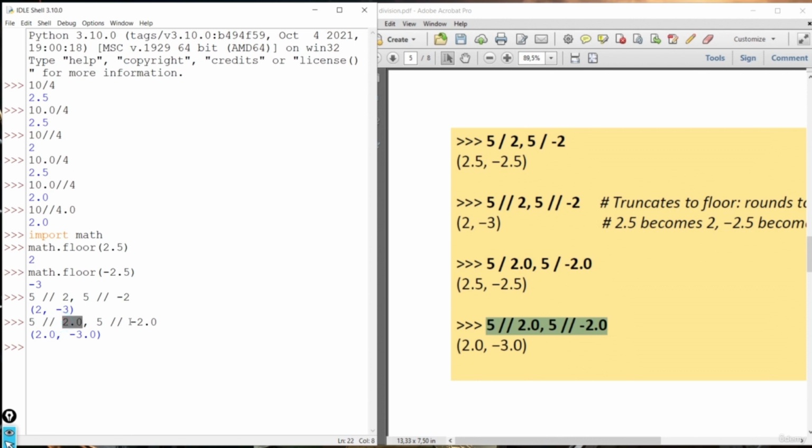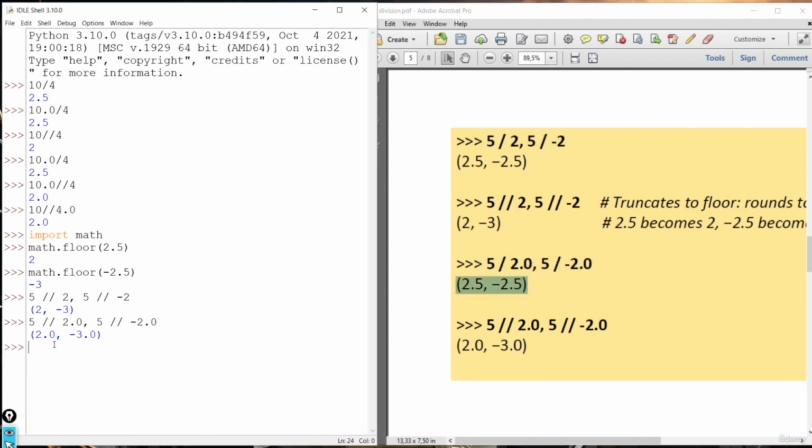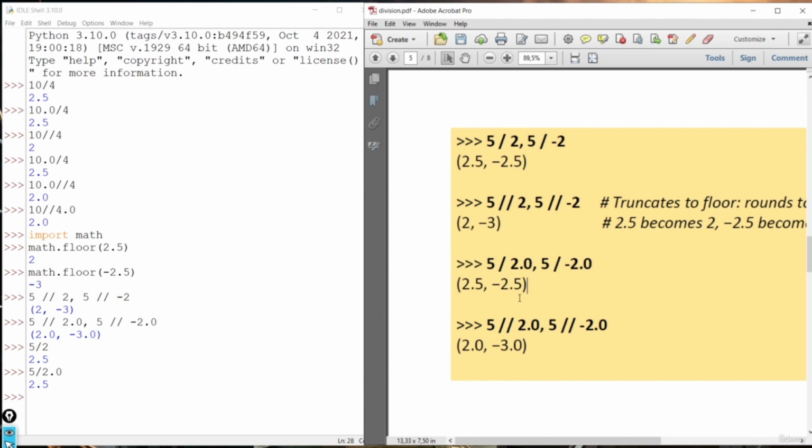Since one of the numbers is of floating point type. For classical division, just keep in mind that the result is always floating point. If I type 5 divided by 2 or 5 divided by 2.0, it does not matter. The result is always a floating point number.